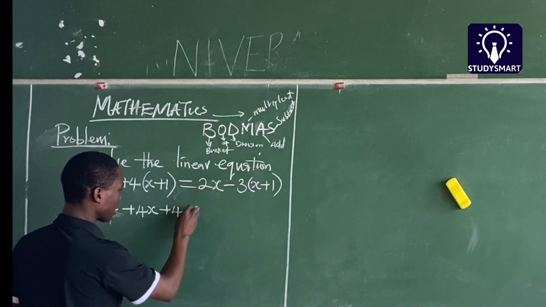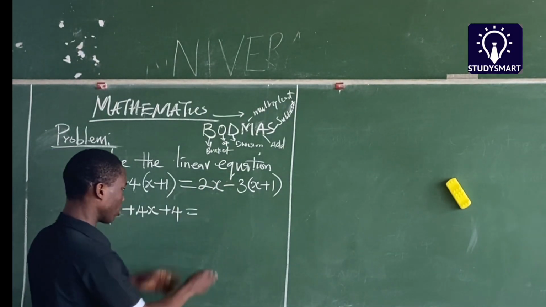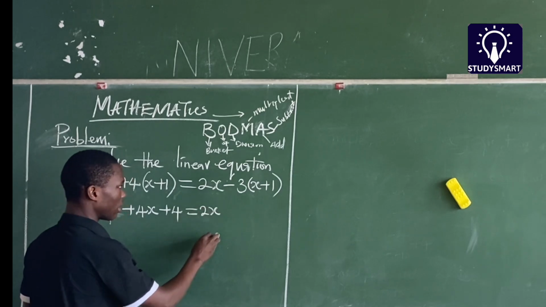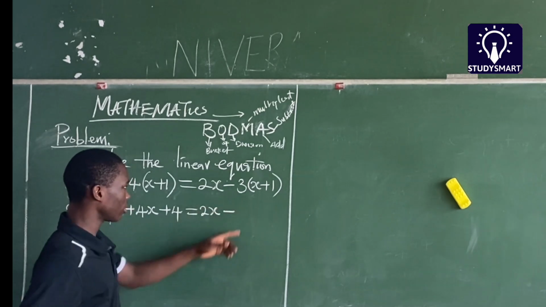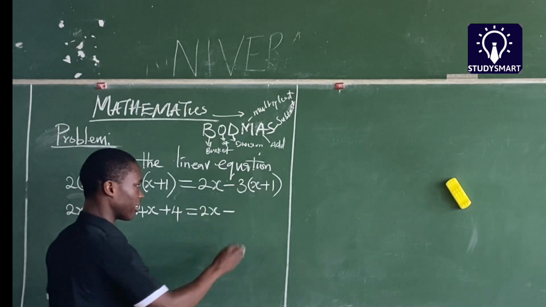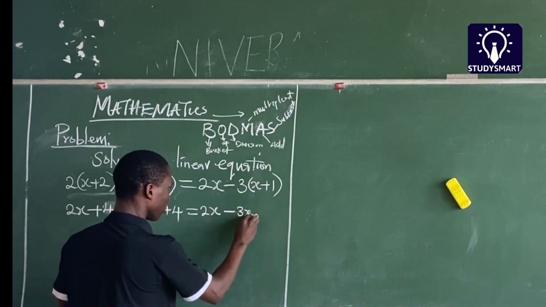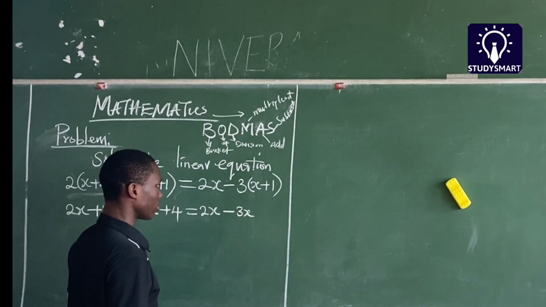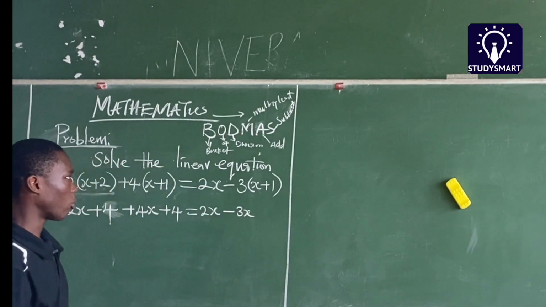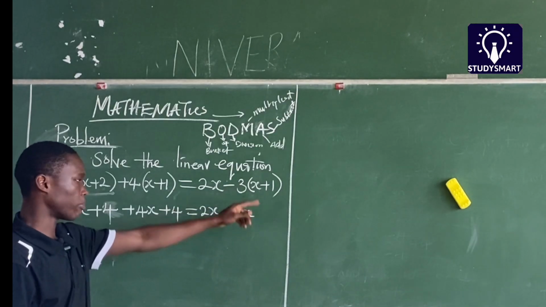Going over to the right-hand side, we have our equal to. I have my 2x, and minus 3 times x gives me 3x. Secondly, I also want to show you something if I multiply through this.